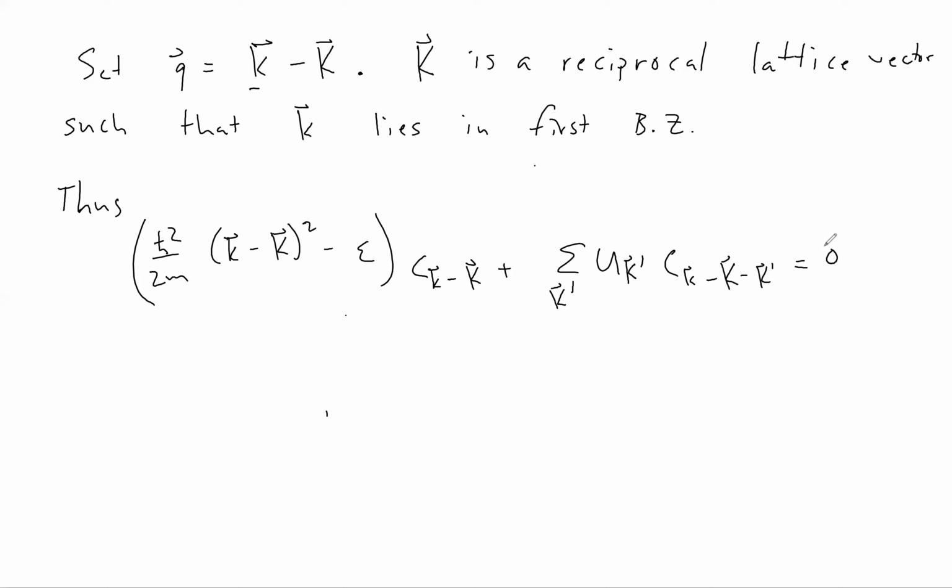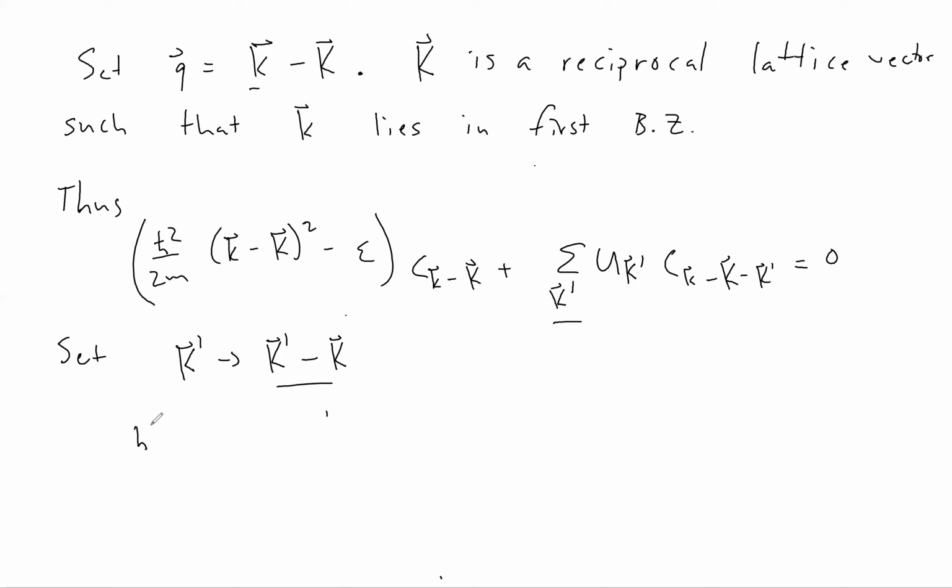Okay, and we're going to do one final index swap. We're going to set K prime to K prime minus big K. Again, big K is a fixed reciprocal lattice vector for our choice of q, and the sum runs over all reciprocal lattice vectors K prime. This again just amounts to a shift in the starting point of this sum.